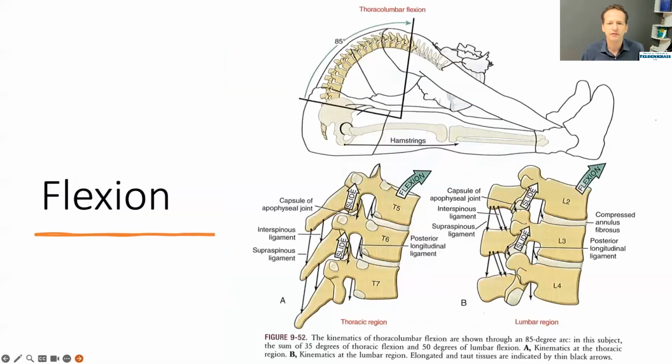Flexion, what happens in flexion? So when we forward bend, as in touching toes and doing hamstring stretches, or when we tie our shoes, vertebrae throughout the spine move. The top vertebra, here's the example of the thoracic, and on the right side is the lumbar.